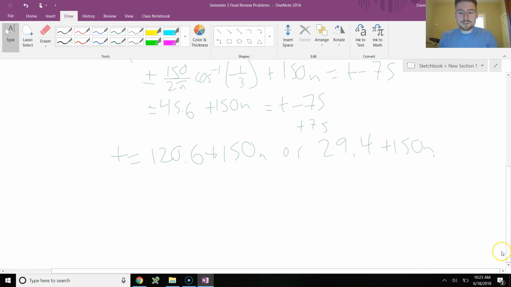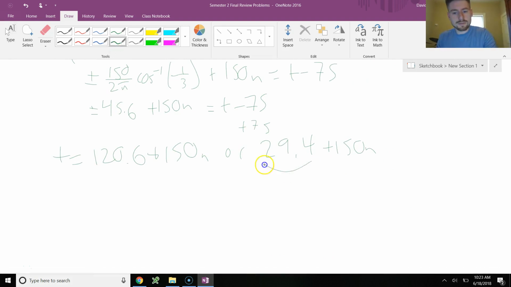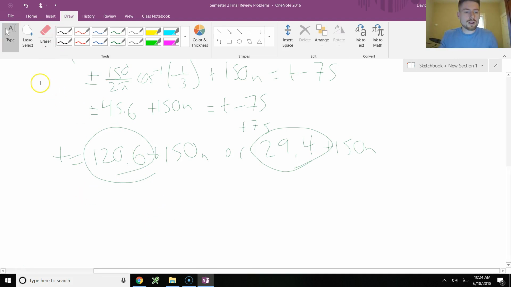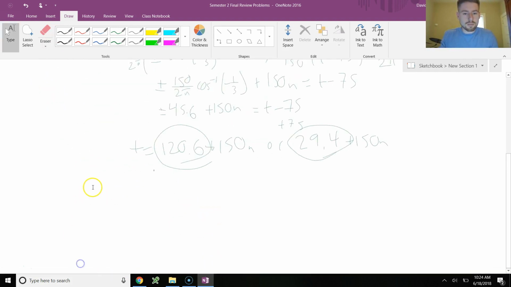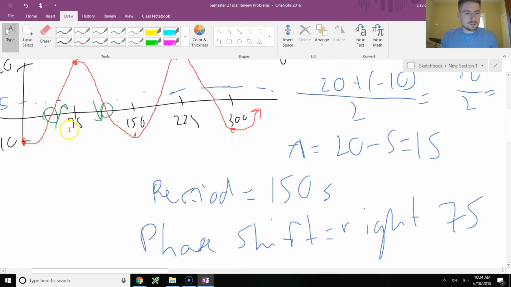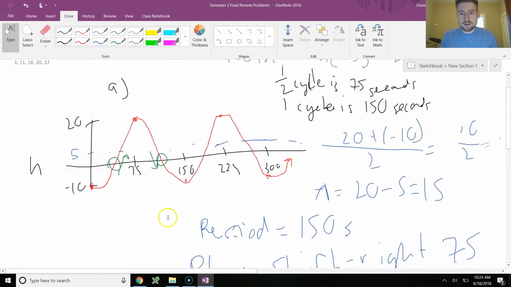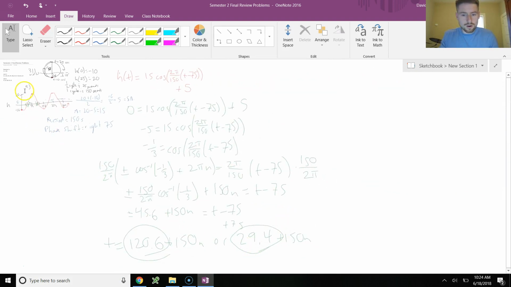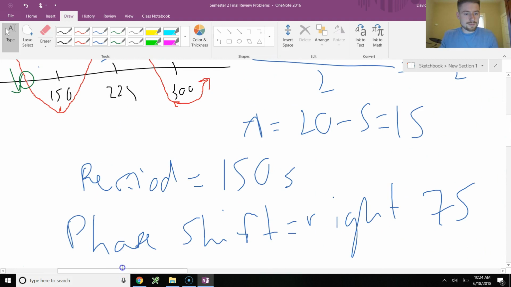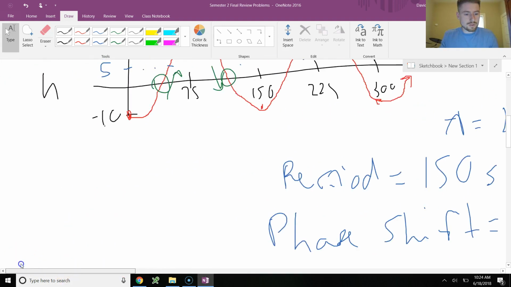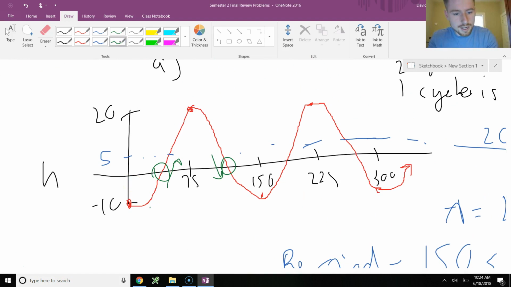So if we go back to our graph, we've got 29.4 plus 150n and 120.6 plus 150n. These would be the first two positive times where it's entering or exiting the water. Looking at our graph, our two answers are 29.4, which is this time right here, and 120.6, which is this one right here.